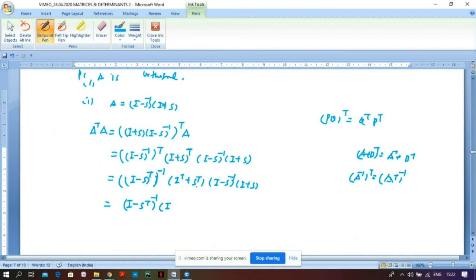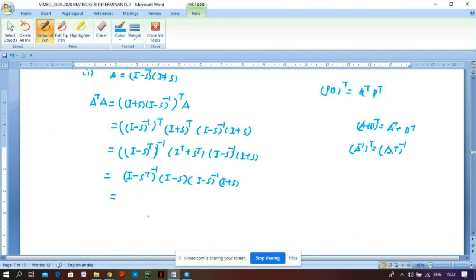This S transpose is nothing but negative S, because this is skew symmetric. So I plus S inverse, I minus S inverse, I plus S. And so that will give you, in the end, I.